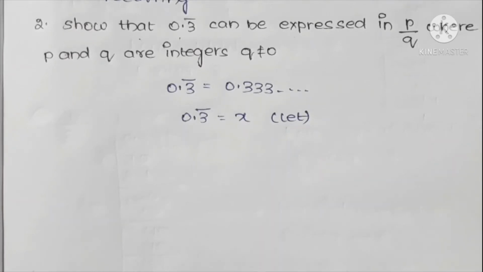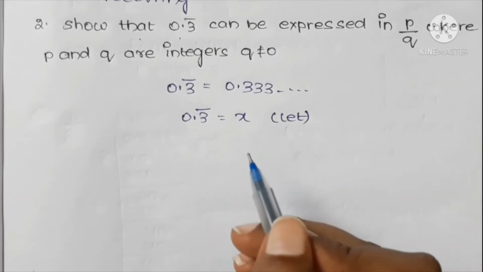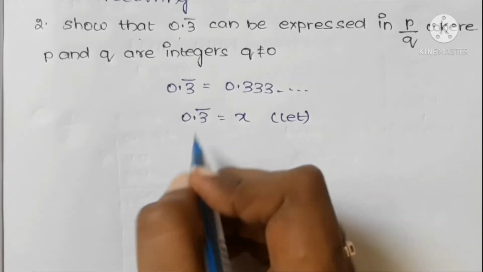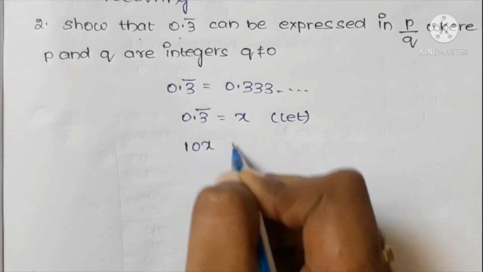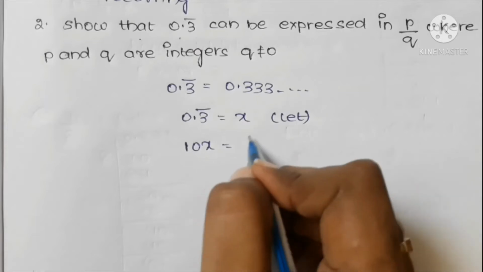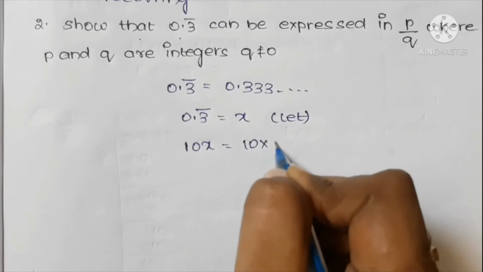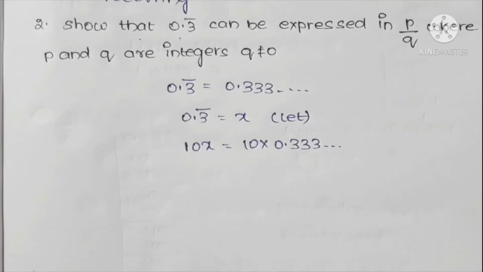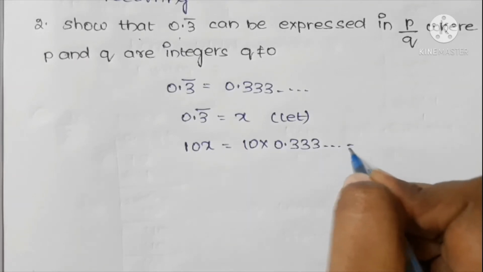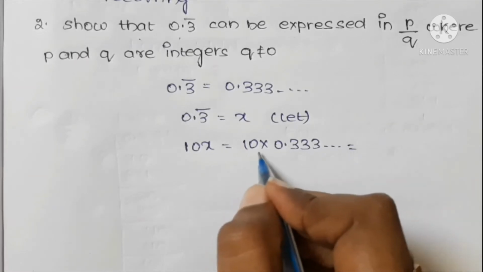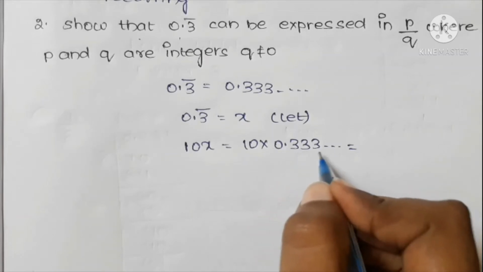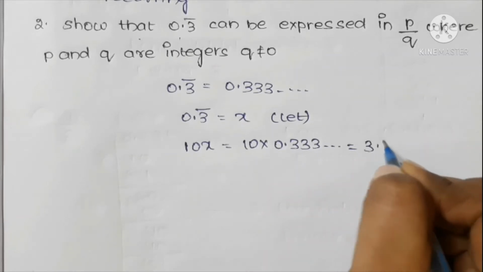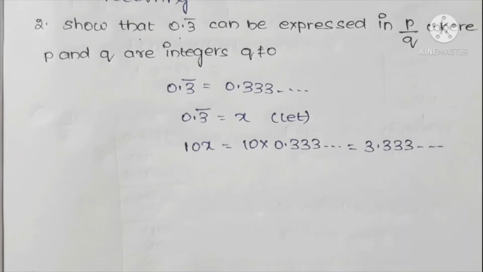Now both sides are to be multiplied by 10. That is, 10x equals 0.333 into 10. Here 10 into 0.3 bar is 3.333 and so on.